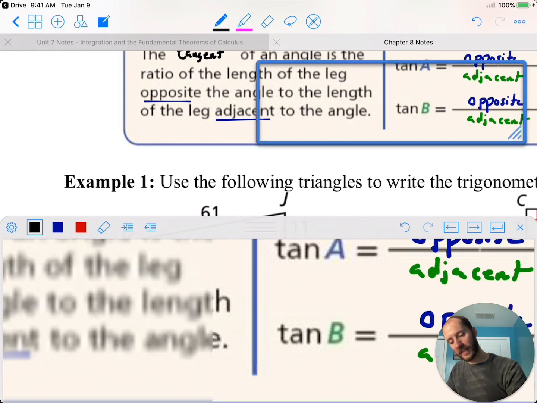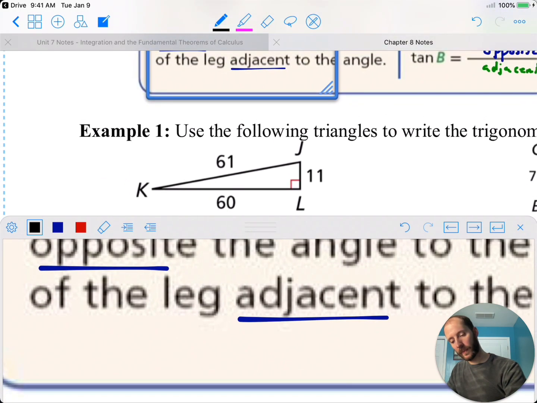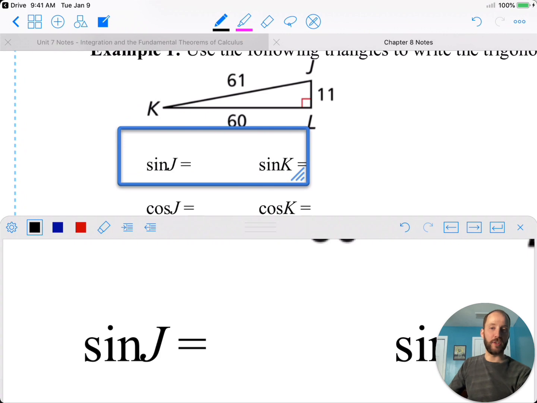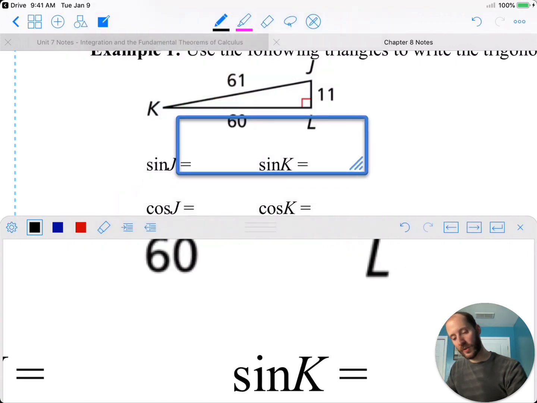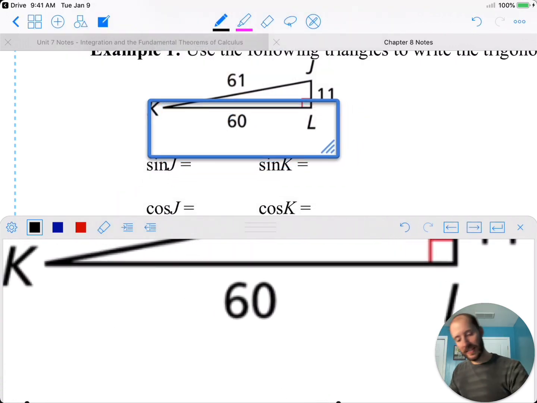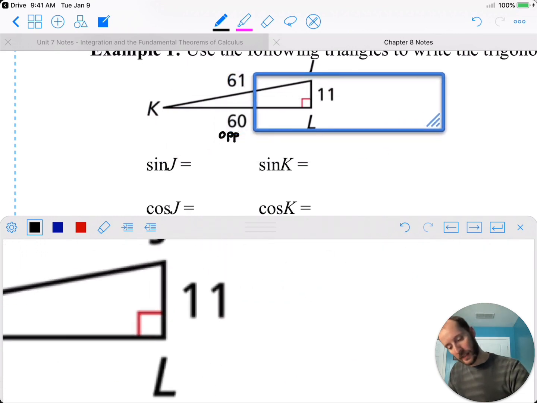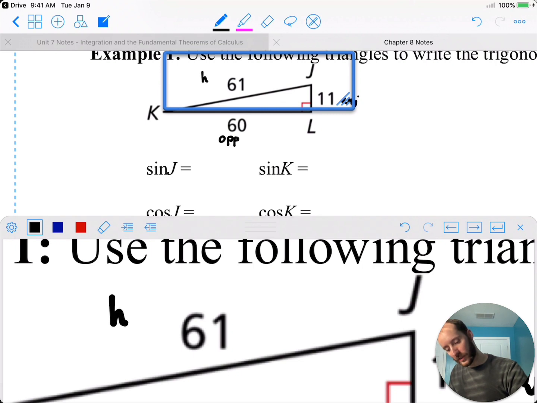So we look quickly at example 1. Sine of J, we're going to look at the J angle. So we have KL, the 60, that is opposite of angle J. 11 is adjacent, or next to angle J, next to but not the hypotenuse. 61, of course, the longest side, is the hypotenuse.